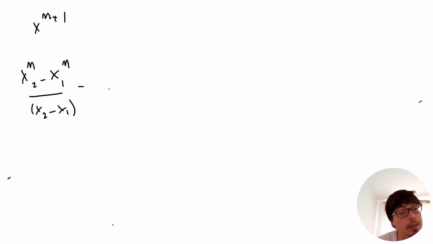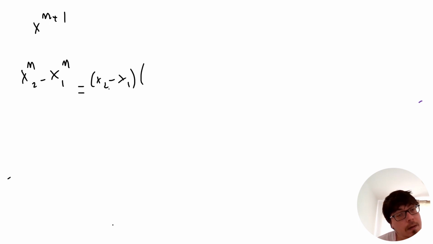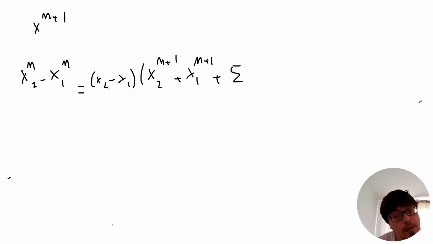Now this can be written as x2 minus x1, and now we'll try to convince you that this is correct. At least I will do my best. This is not a very nice notation, but let's see if I can convince you that this is correct.